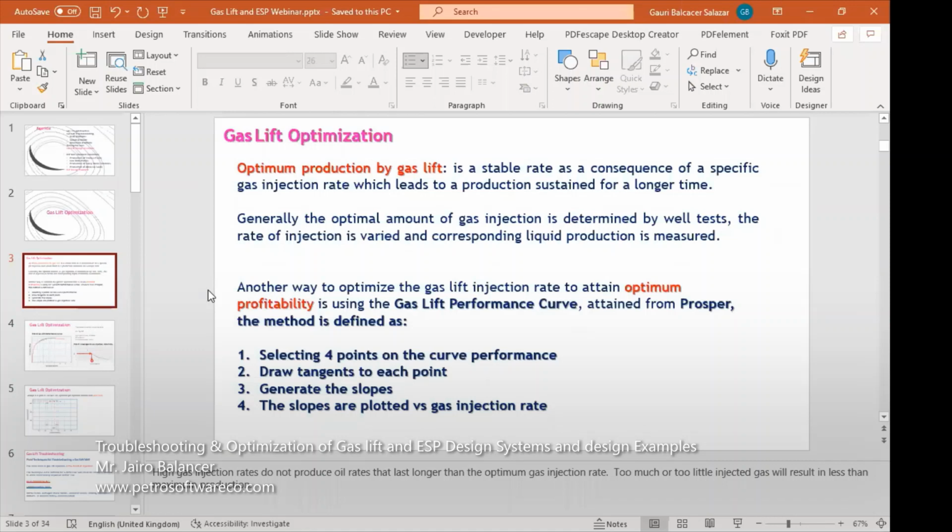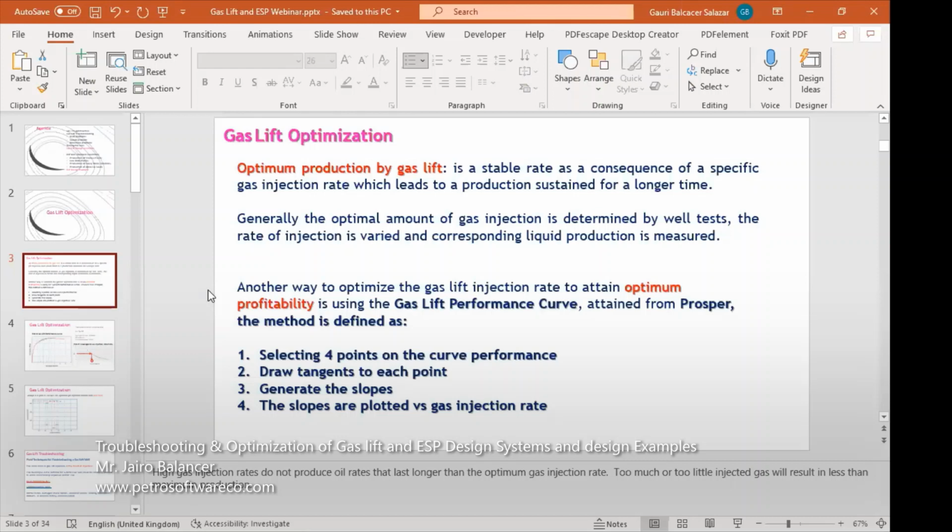This is obtained by using the gas lift performance curve, which we can get from Prosper. The method to get this optimum profitability is selecting 4 points on the performance curve that we get from Prosper and drawing tangents to each point.